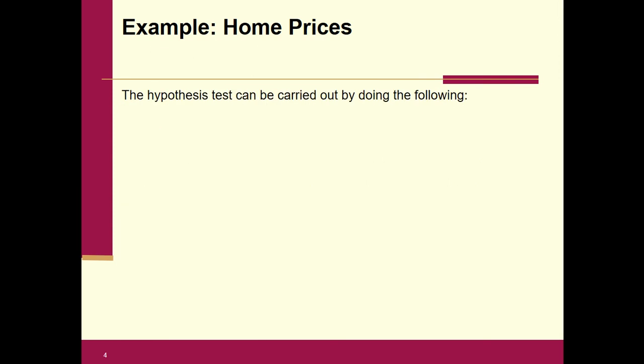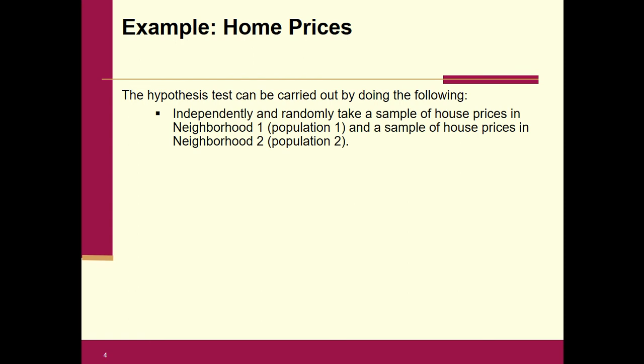The hypothesis test can be carried out by doing the following. We independently and randomly take a sample of house prices in neighborhood 1 and a sample of house prices in neighborhood 2, and by the way, this could apply to confidence intervals also. So you have population 1 and population 2, and you take a random sample from each group. Then you would compute, and probably we're going to have the computer do this for us and use computer output.